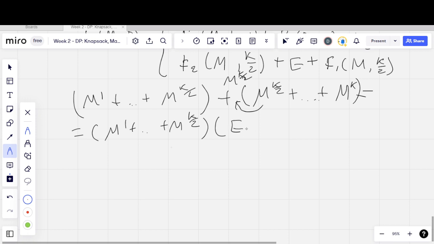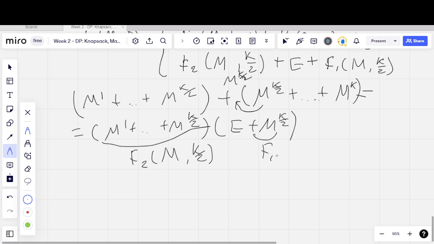By E plus M^(k/2), and it will be f2(M, k divided by 2), and this will be just f1(M, k divided by 2).